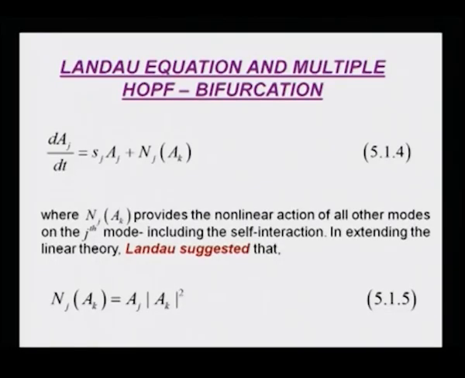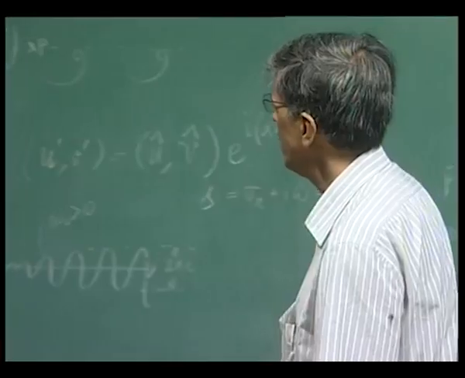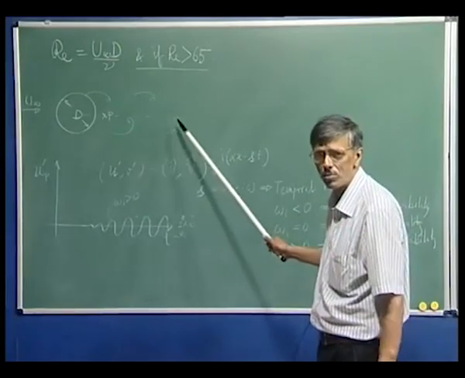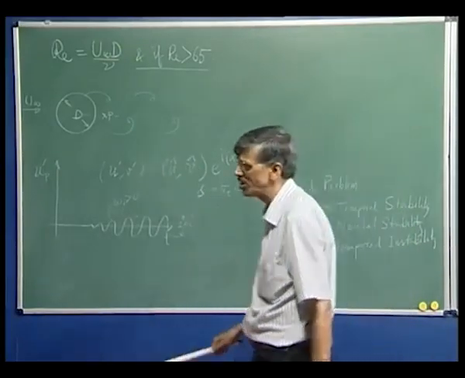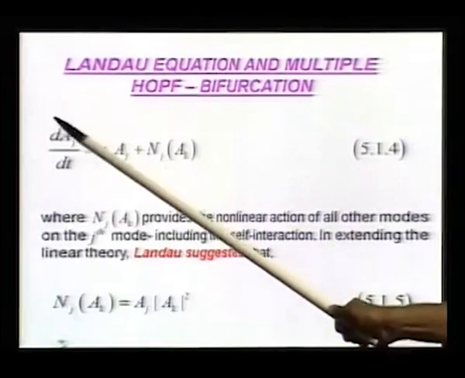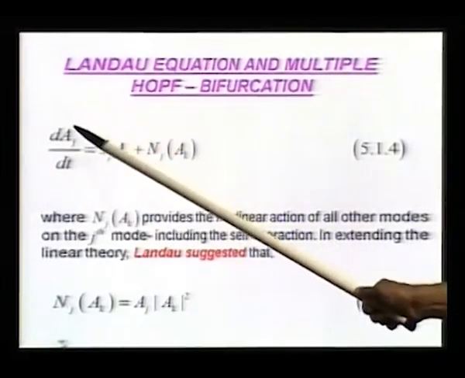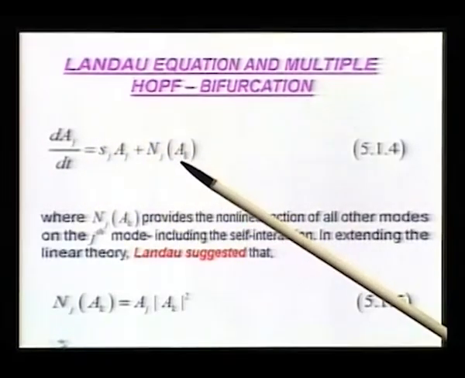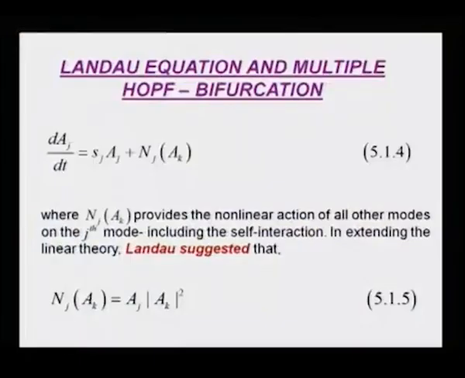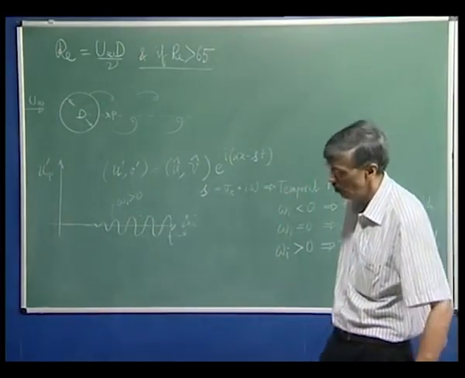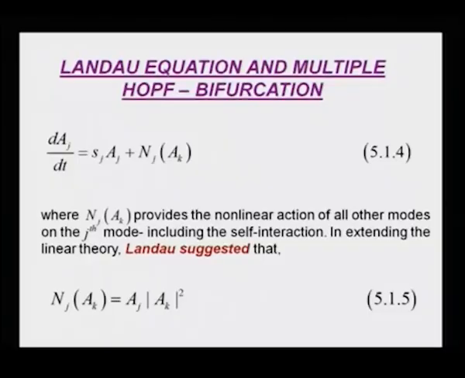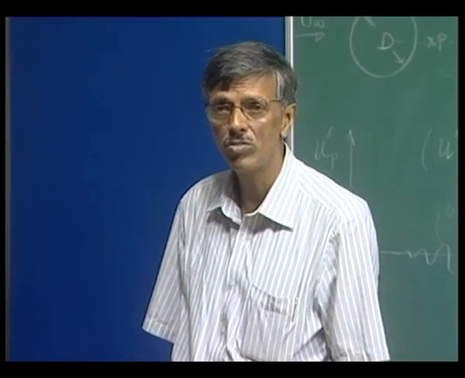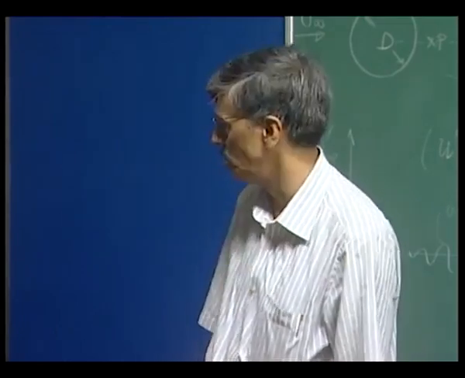So what we are in search of is a description which defines this vortex shedding. So the linear part is not good enough. We must supplement it by nonlinear action. That causes this saturation. So do understand that here the nonlinearity is playing the role of stabilizing an unstable system, which is seen to be unstable in the linear mode.